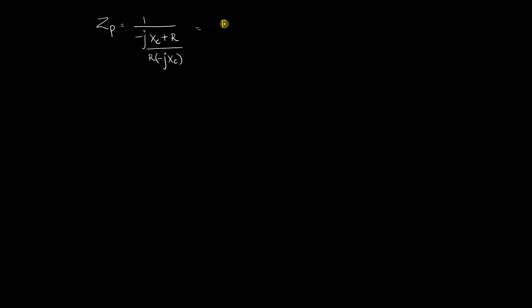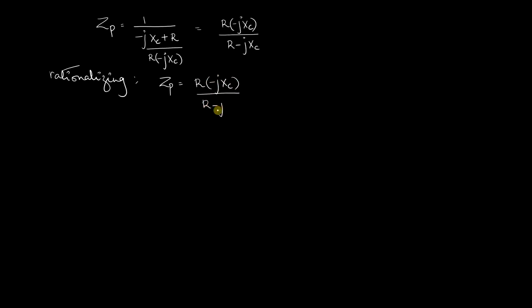And this can be written as, let me bring this term to the numerator, R into minus jXC divided by R minus jXC. Okay, let me rationalize this. So on rationalizing, basically the intention is to remove this imaginary part in the denominator. So I can write this as Zp equal to R into minus jXC divided by R minus jXC, multiplied with R plus jXC divided by R plus jXC.